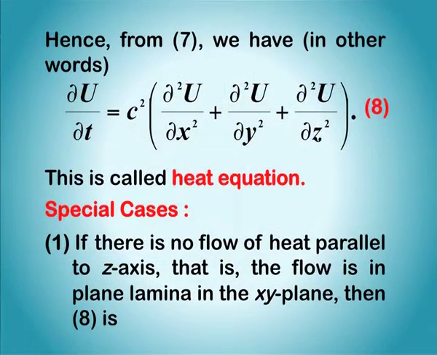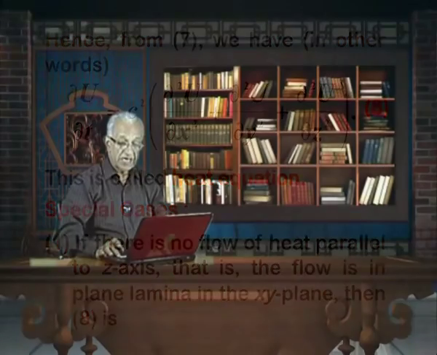There are a few special cases which we want to do. If there is no flow of heat parallel to the z axis, meaning the flow is in a plane lamina in the xy plane, then this equation 8 reduces to 9. You can understand the z part of it vanishes, equated to 0, if there is no flow in the z axis direction.